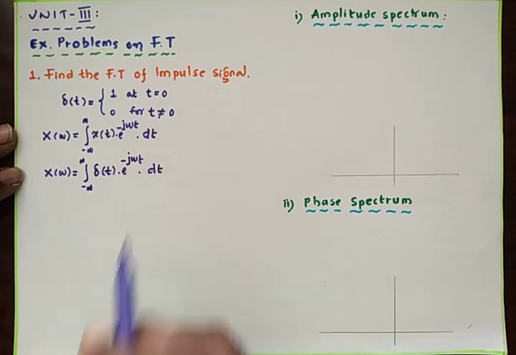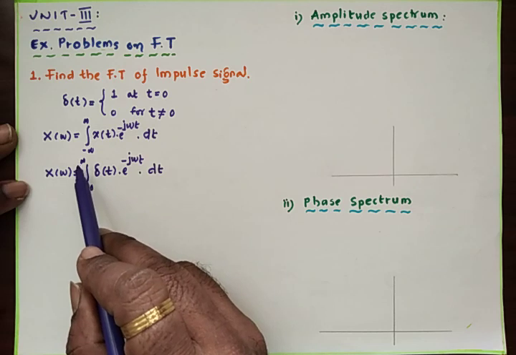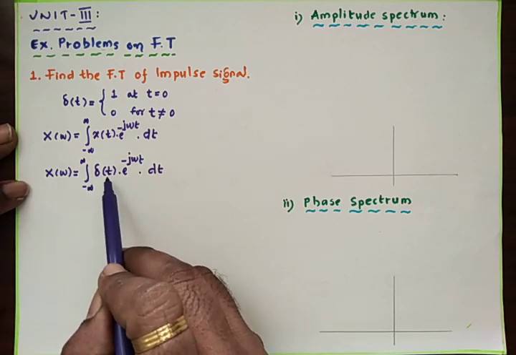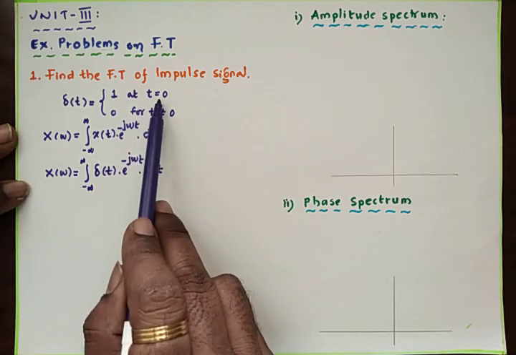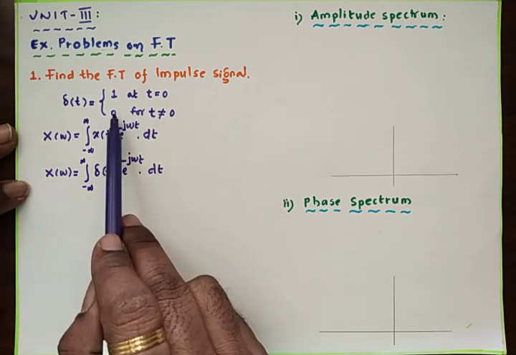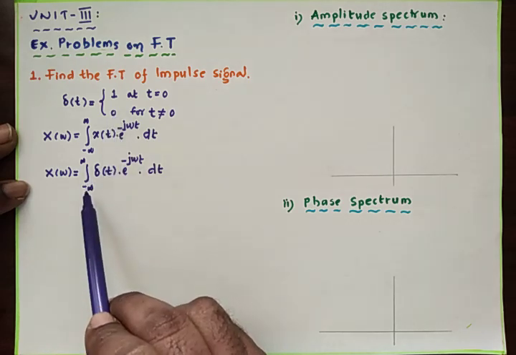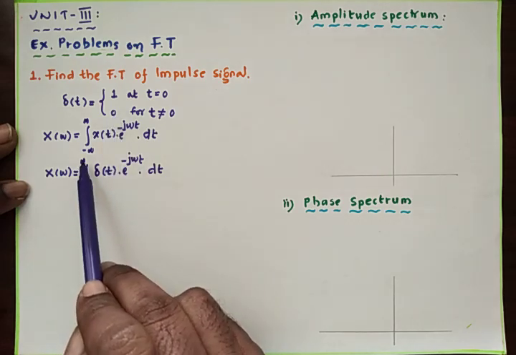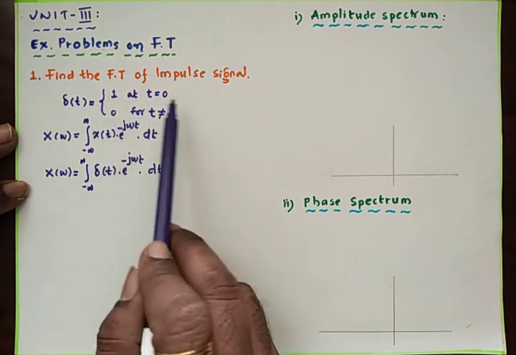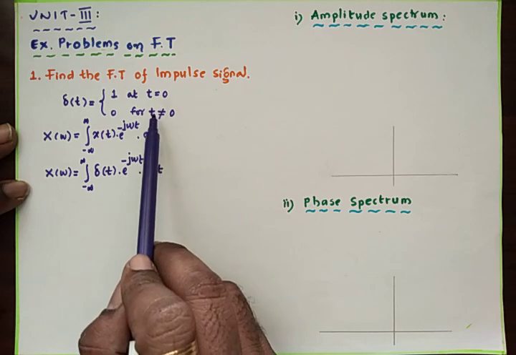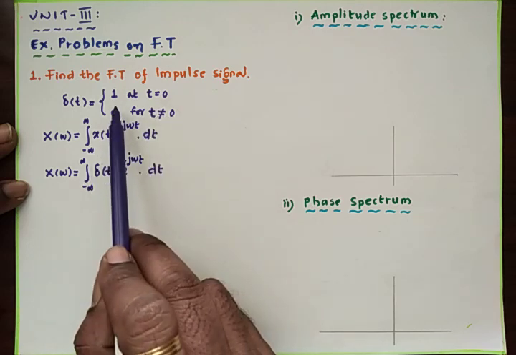That means we have to integrate from minus infinity to plus infinity over del of t, but del of t has an amplitude of 1 at t equals 0. For all the remaining values of t, the amplitude is 0, so we get the value only at t equals 0.